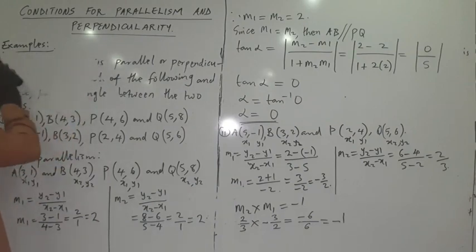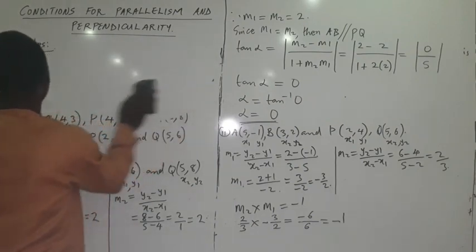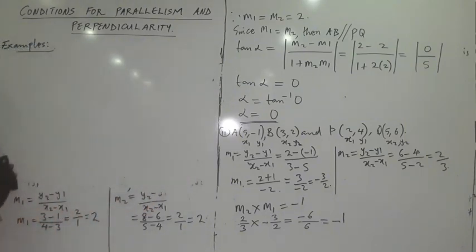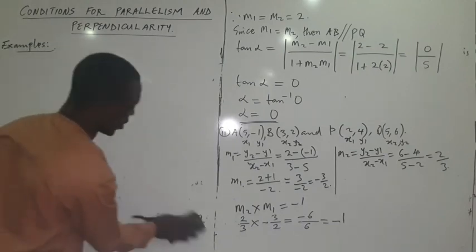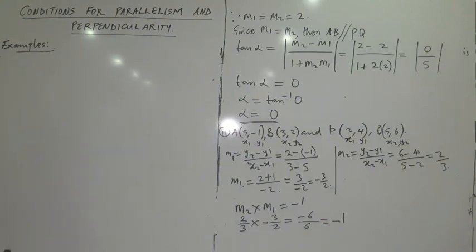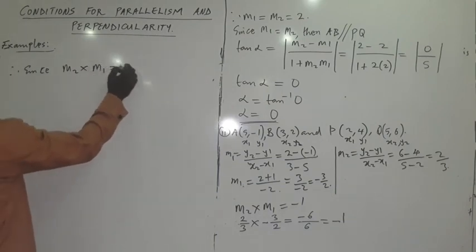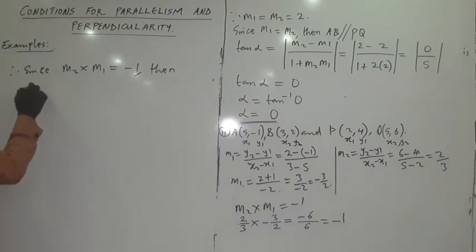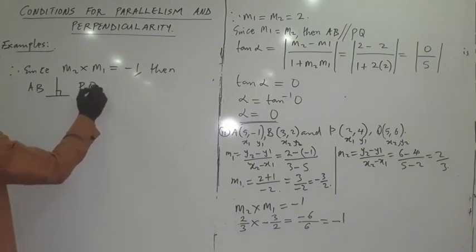We can now conclude that line AB is perpendicular to line PQ, because the product of the two gradients is equal to minus 1. Since M2 multiplied by M1 is equal to minus 1, line AB is perpendicular to line PQ.